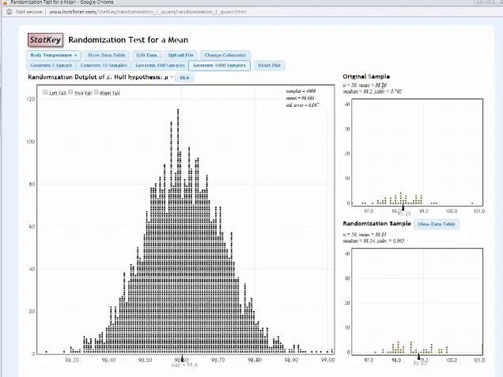So here we've got our sample mean of 98.26, and let's say we were going on the assumption that the alternative hypothesis is mean less than 98.6, so we're looking at the left tail.